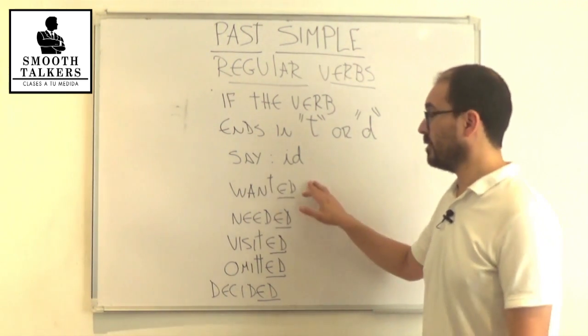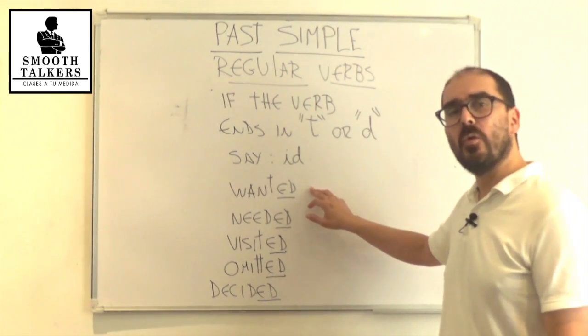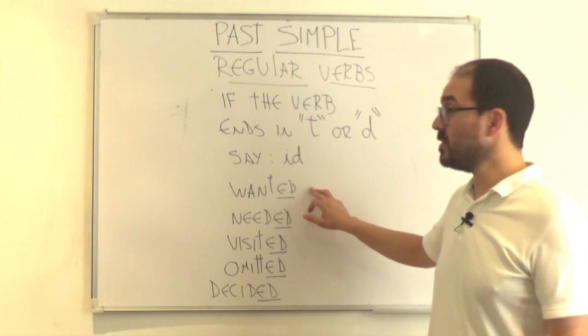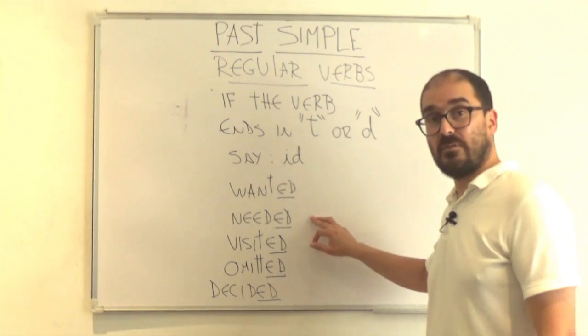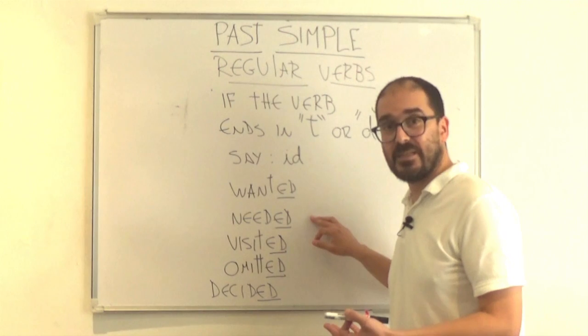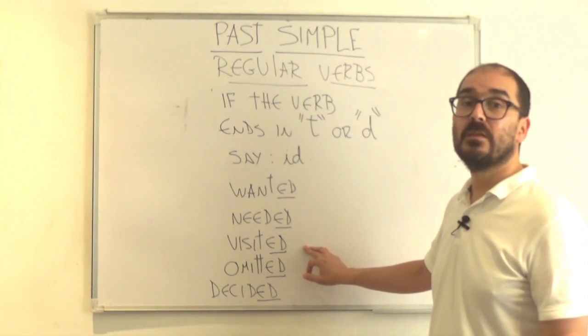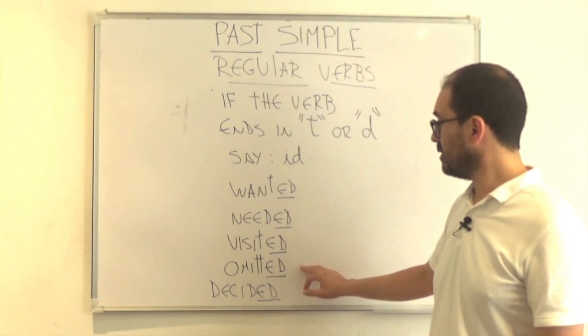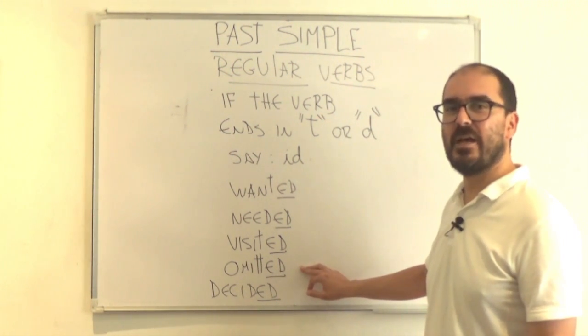Once again, wanted. I wanted to go, but, typical excuse. I needed to use the bathroom, but now I don't. I'm talking about before, and now I'm talking about present tense. I visited my mom last week. I omitted some crucial information in my application.